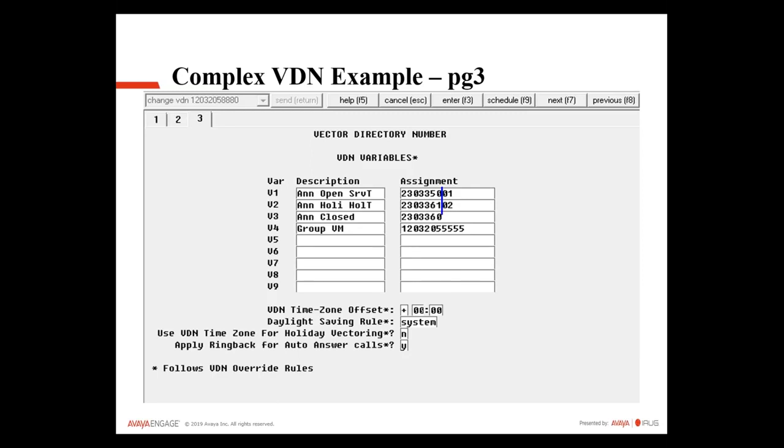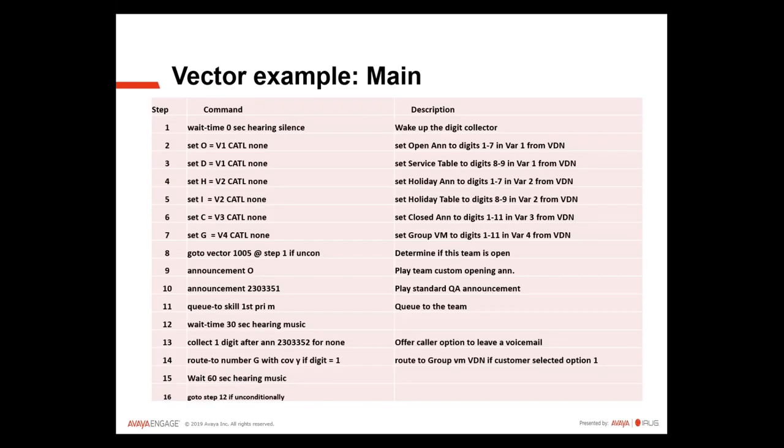Same thing with the holiday table. Those are the first 7, and then at 8 we start with 02. So we've stuffed those in there so we can use up the real estate that we have in the VDN variable table. So let's see what we can do and apply a lot of the stuff we have so far.